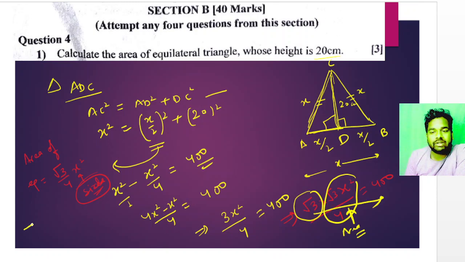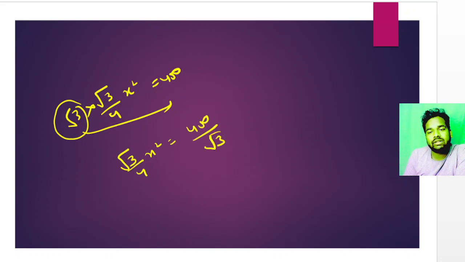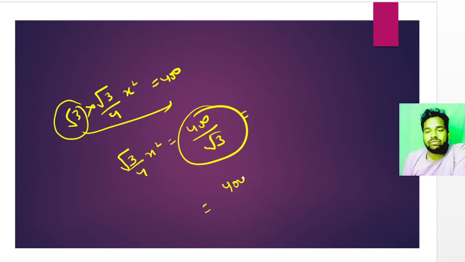So root 3 by 4 x square is equal to 400 divided by root 3, and if you divide this, you can also rationalize: 400 by root 3 into root 3 by root 3.